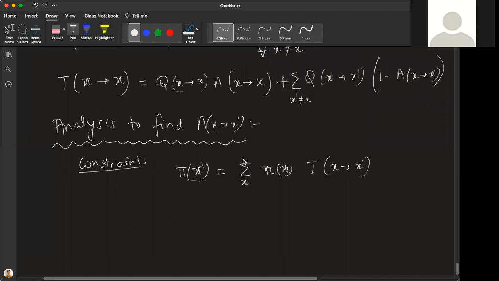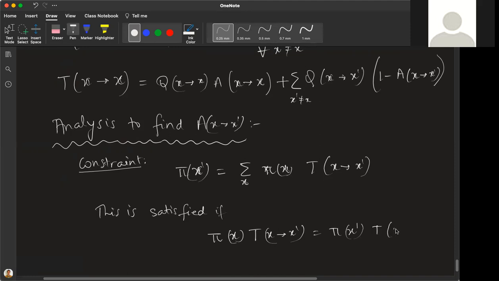First of all, there is a principle which says that this constraint is definitely satisfied if I choose another constraint. This is satisfied if pi of x times T of x to x dash is equal to pi of x dash times T of x dash to x.